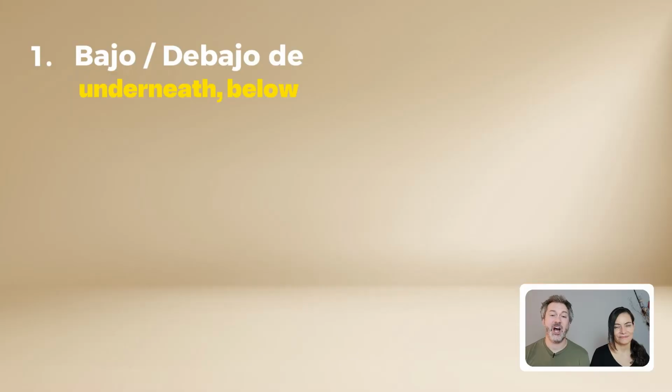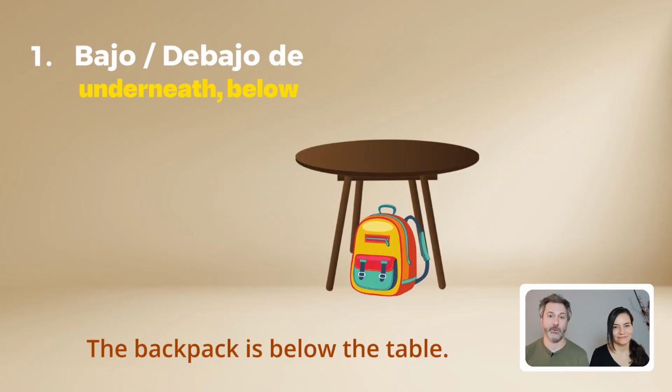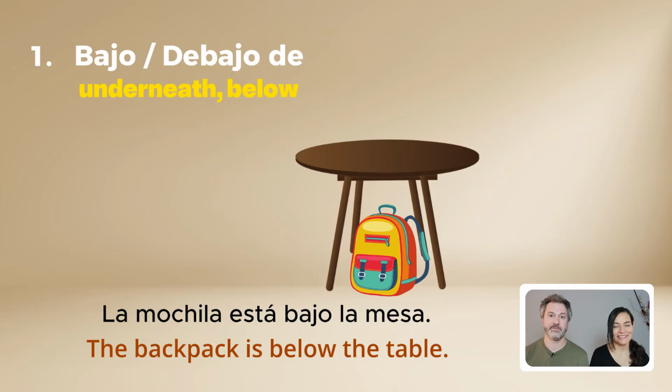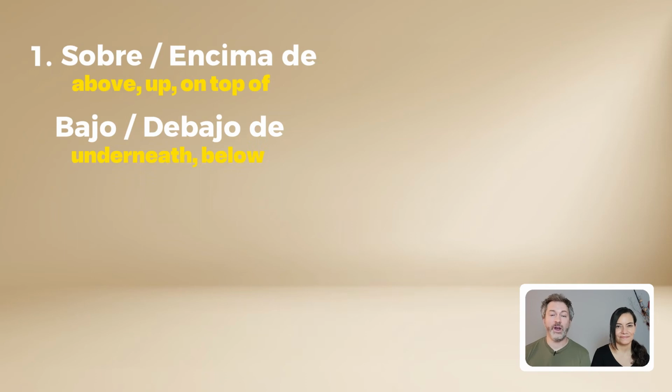Now, to express being underneath or below an object, we can use debajo de or bajo. For example, the backpack is below the table. La mochila está bajo la mesa or la mochila está debajo de la mesa. As you can see, for encima and debajo, we need the de when it's followed by the thing it's on top or below of, but we don't put de when we don't have an object afterwards.